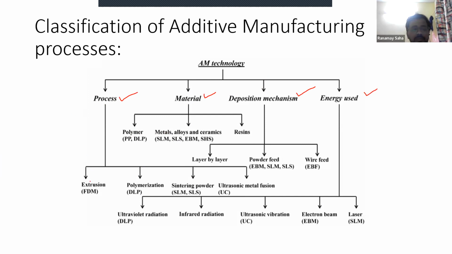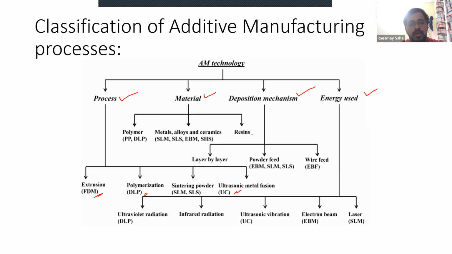So depending upon the processes, there can be extrusion, as in the case of FDM, polymerization, in the case of DLP, sintering or melting in the case of SLM or SLS, then ultrasonic metal fusion. Now, under the material considered, it can be polymer, metal, cellulose, ceramics, and resin.